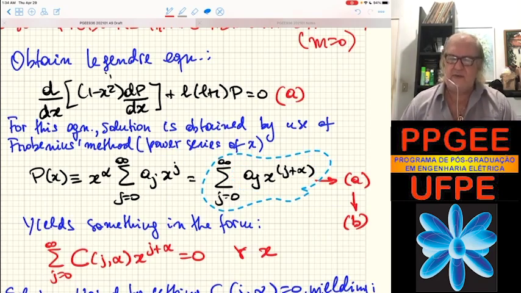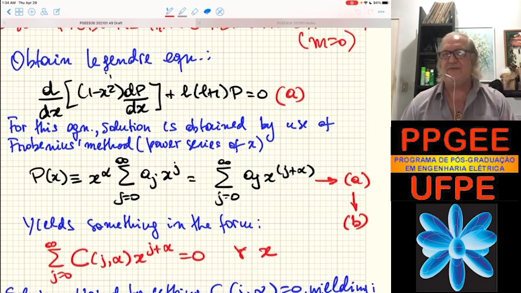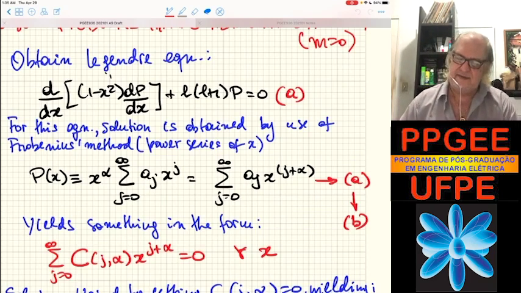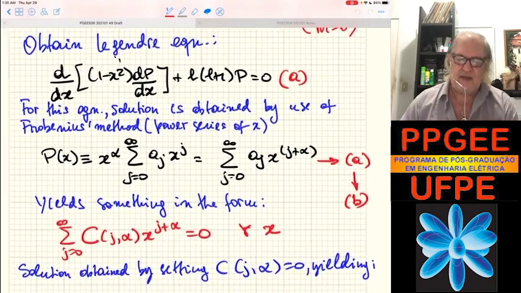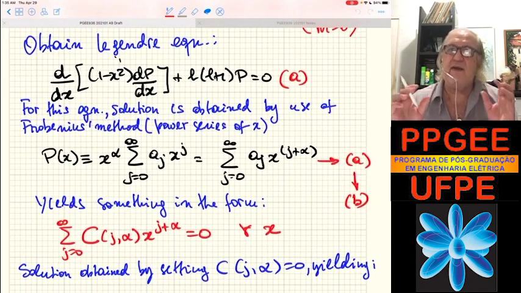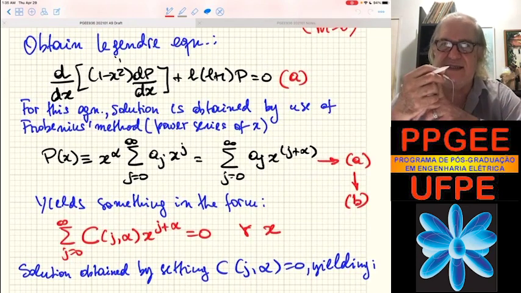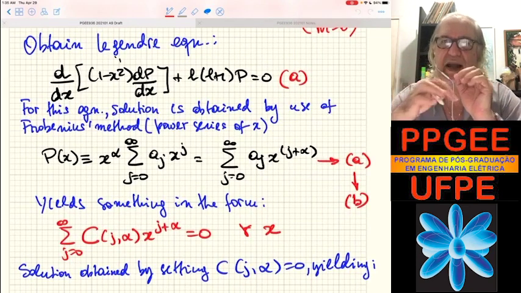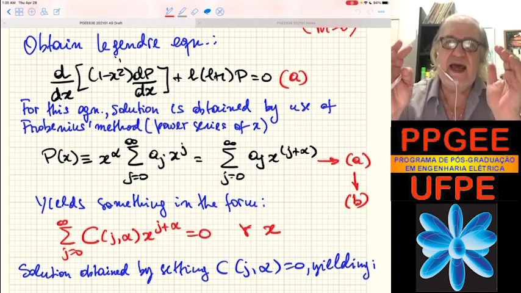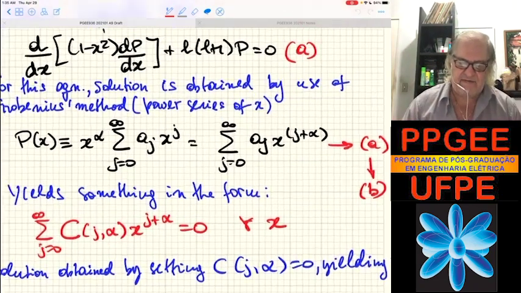Okay, and when we do that, that's for you to do. So you are the one that needs to practice and train working out those equations. So you go there and find that after you have to redefine indices, relabel indices so you can arrange terms of equal power together. After you do that, you're going to have something like this.